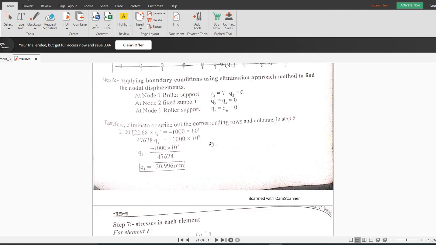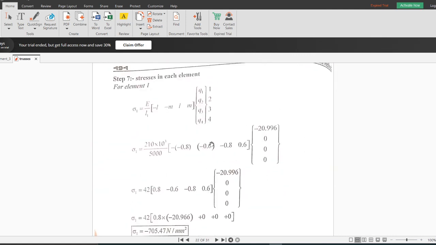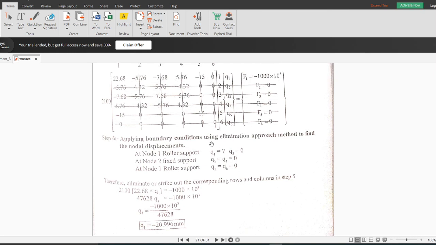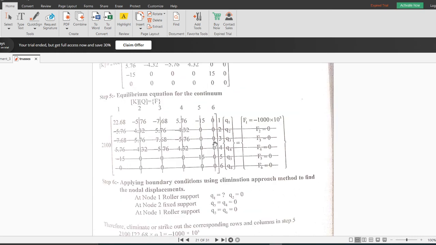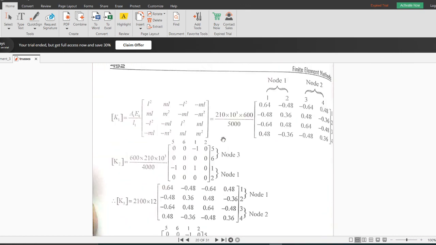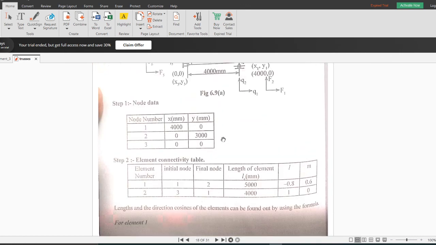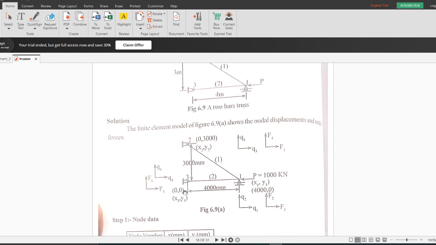Okay, sir. Take down the answers. Q1. See, in the elimination approach, how it becomes very easy. What are the boundary conditions here? Node 1, in what direction can it move? Exactly. Therefore Q2 becomes 0, while Q1 is not equal to 0.